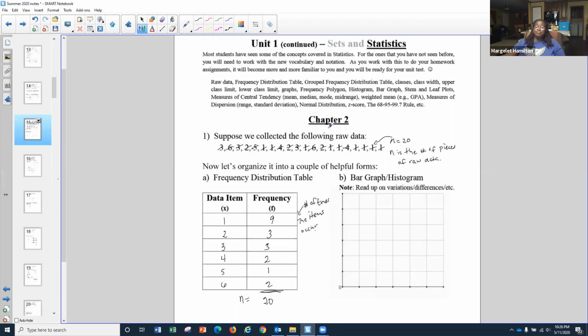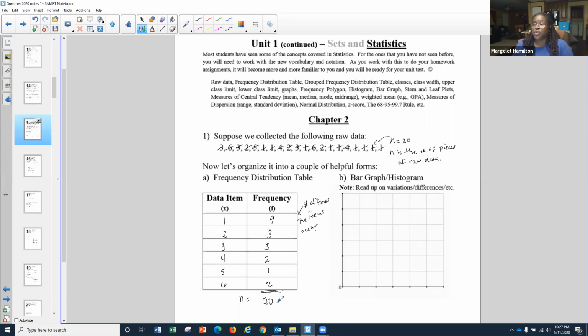Good. Okay, so we know how to fill in our frequency table. We know that the frequency column adds up to our N value. That's going to be very important. So now, in the homework, you're going to have a lot of problems with the bar graph, or what we call a histogram. So read up on variations, differences, etc. We're just going to hit a couple of them.